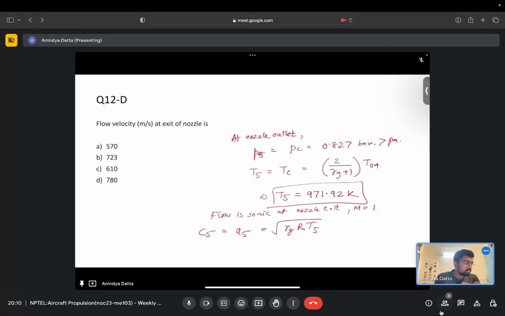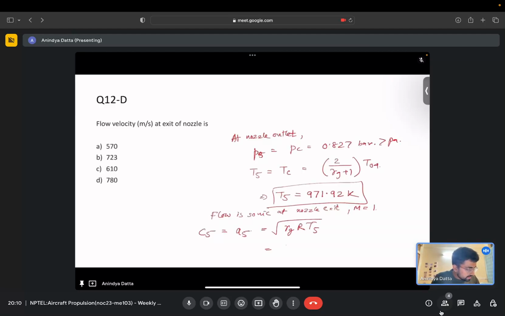The critical temperature ratio is simple, (gamma plus 1) by 2, and the critical pressure ratio is a function of gamma and the nozzle isentropic efficiency. If we put these values, we get approximately 610 meters per second. That is our C5.